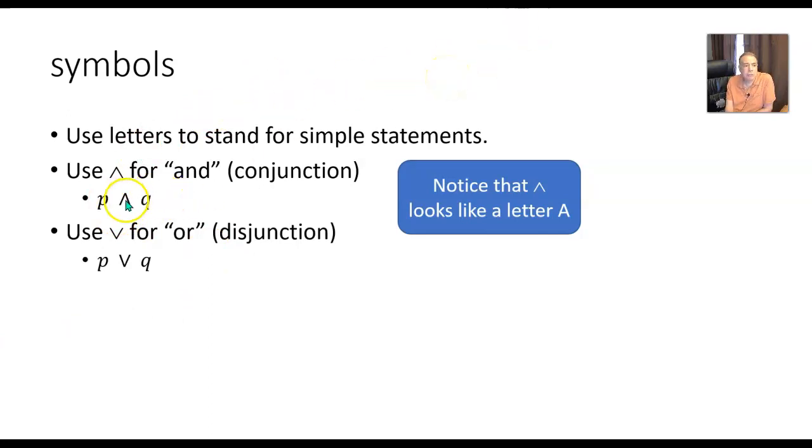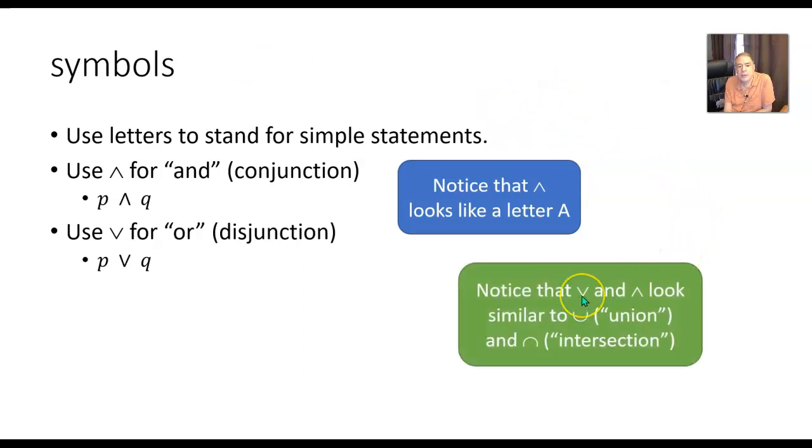And an additional advantage to these particular symbols is if you are familiar with set theory and unions and intersections of sets, these symbols should remind you of the symbols for union and intersection. If you don't know about that, don't worry about it. But if you do know about that, notice that the symbols for or and, they're pointy instead of rounded, but they look sort of like the symbols for union and intersection.